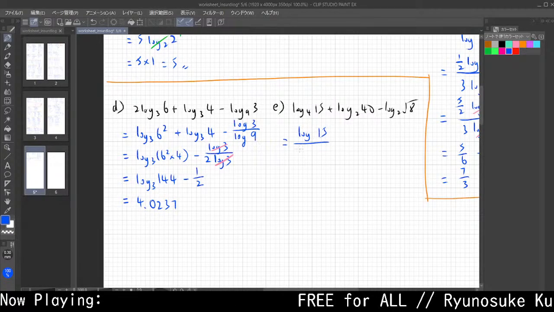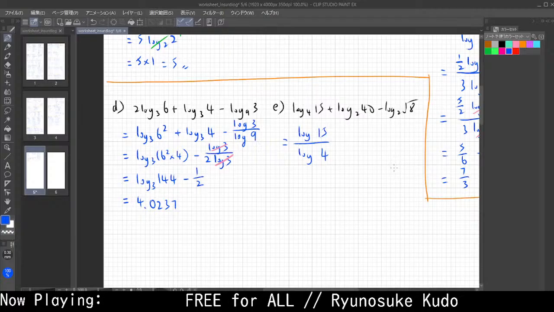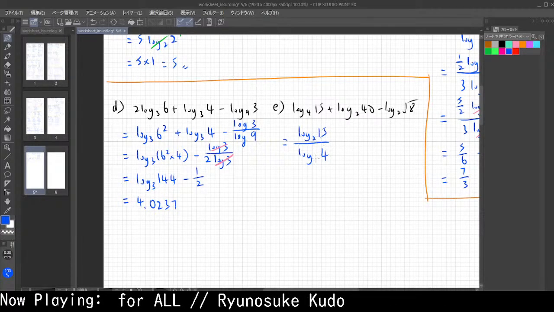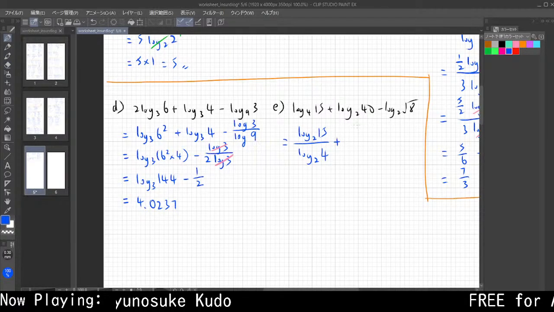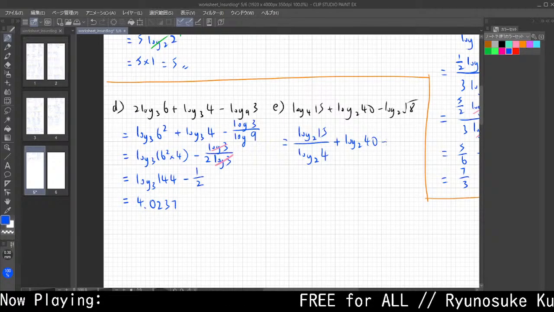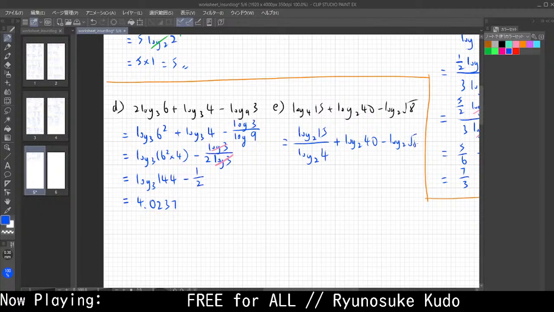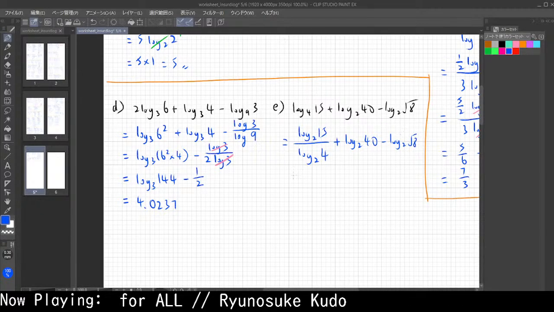Just assign a base 2 to the new logs you have. So log 15 over log 4, you cannot delete the log that we had. So yeah, let's do this. This remains the same. This remains the same. We can combine later and see what happens.